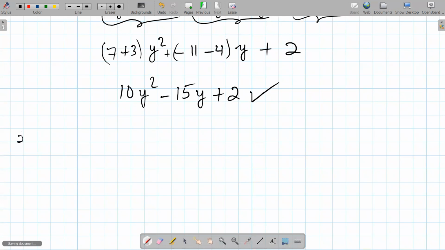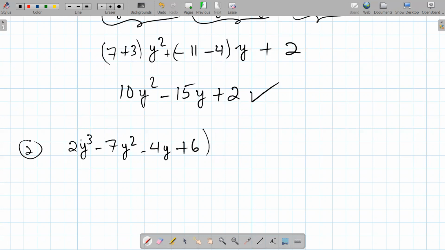Second one, it's just about the same preamble. 2y cubed minus 7y squared minus 4y plus 6, subtracting 14y cubed minus 6y squared plus 2y minus 5.